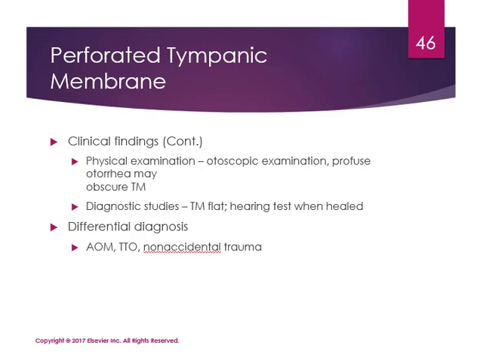The tympanic membrane may appear flat, and when that has healed, you can perform a hearing test to better assess. Some other differential diagnoses are otitis media, the drainage that can be associated with tubes in place, and non-accidental trauma.